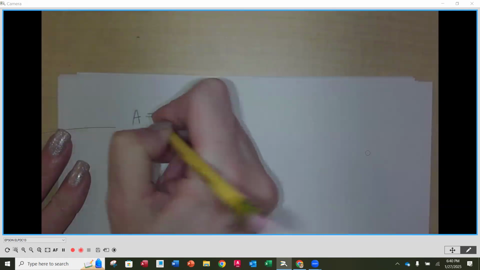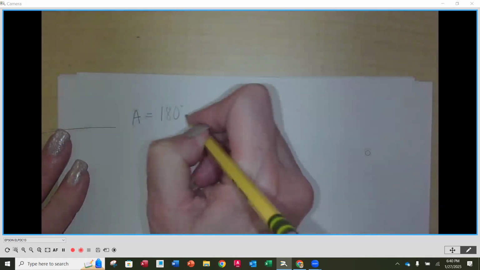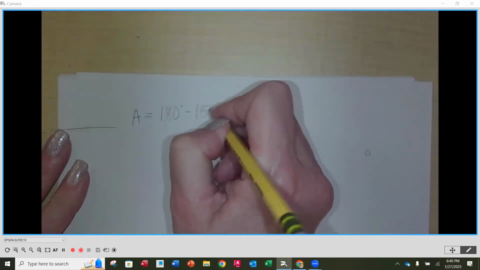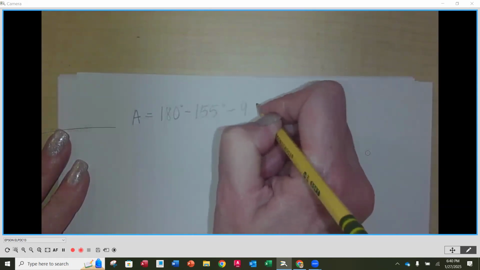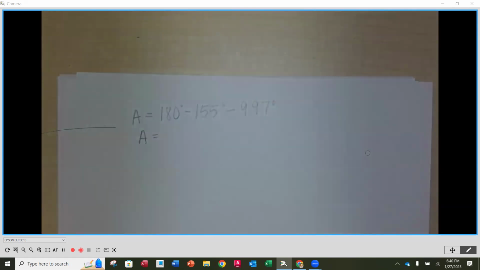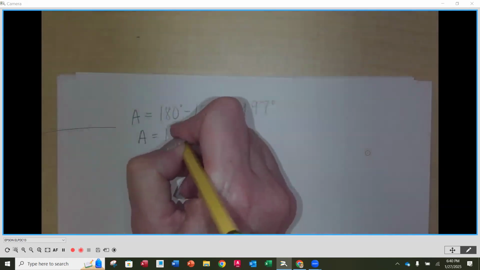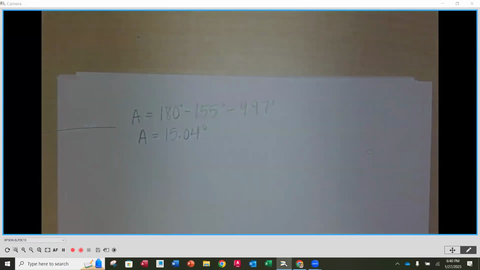So I'm going to turn this over. And angle A is going to be equal to 180 degrees minus 155 degrees minus 9.96 degrees. Angle A should come out to be 15.04 degrees.